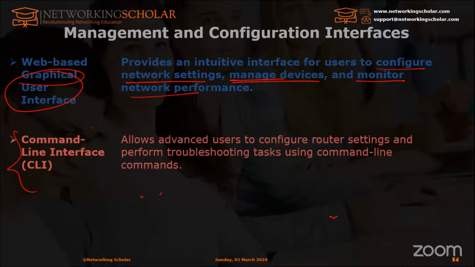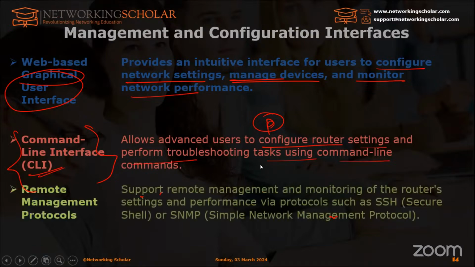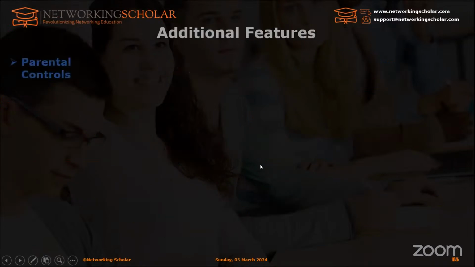Then there is one more management interface that is called the command line interface. By using PuTTY or some kind of CLI tool, command line interface tool, that also allows users to configure router settings and perform troubleshooting tasks using the command line. Okay. Then there is one more thing, remote protocols.